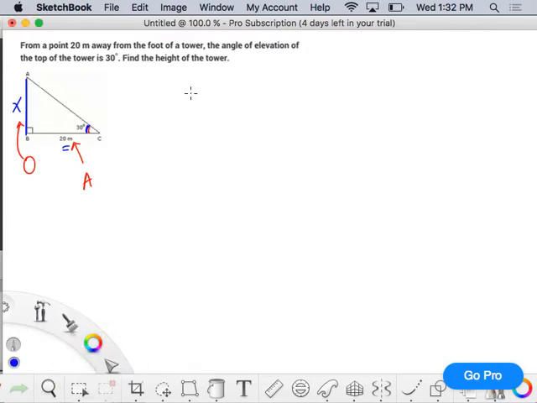So what are we talking about here? Tangent. Tangent is TOA, from SOH CAH TOA. Tangent is opposite over adjacent. So the tangent of the angle, 30 degrees, equals opposite, which is x, over adjacent, which is 20.